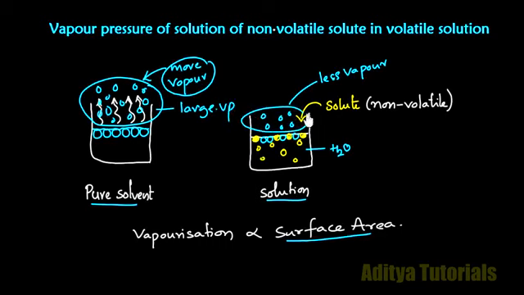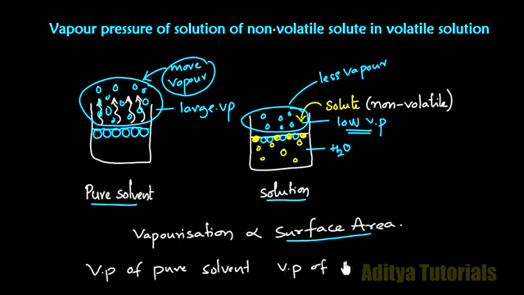Now in this case only a few vapor molecules are there which produce low vapor pressure, and therefore we can give a statement here: the vapor pressure of pure solvent and the vapor pressure of solution containing a non-volatile solute, in that case the vapor pressure of the pure solvent is always greater than the vapor pressure of the solution.